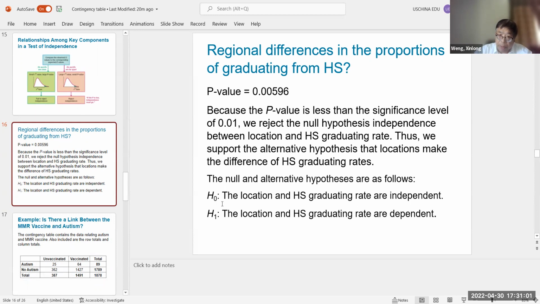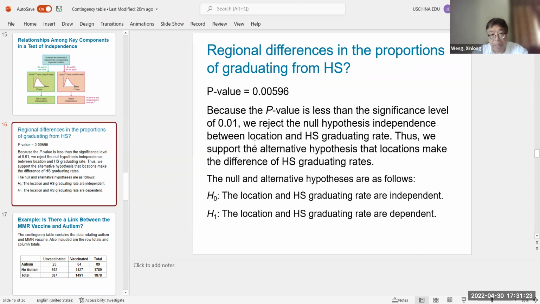The null hypothesis was that location and high school graduation rate are independent. It doesn't matter where you live. The competing alternative hypothesis is that location and high school graduation rate are dependent.